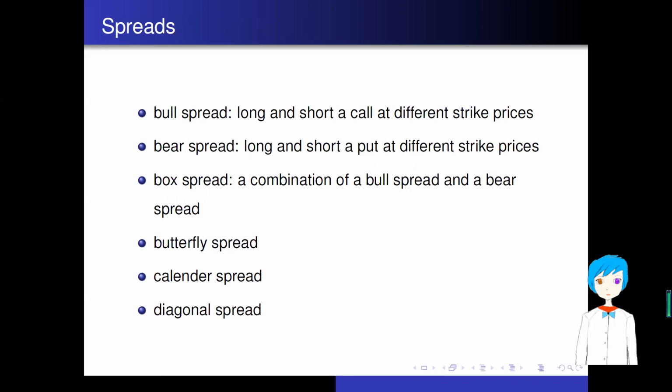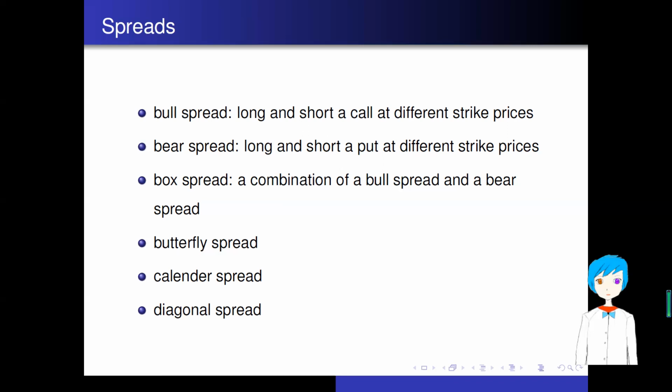We also have a bear spread. The bear spread is a combination of long and short puts at different strike prices, and this is used when one thinks that the price of the stock might go down. We have the box spread, which is a combination of a bull spread and a bear spread. We also have different spreads.